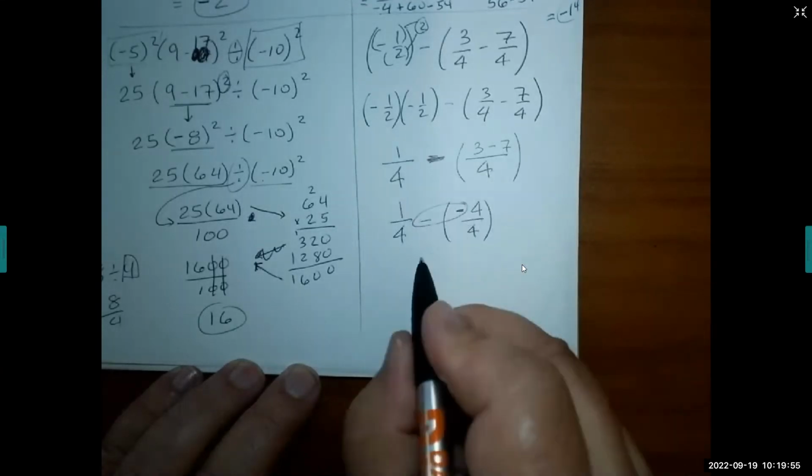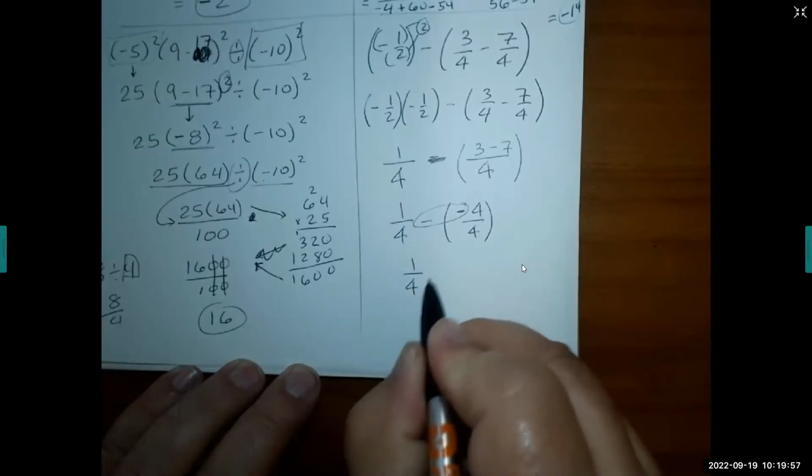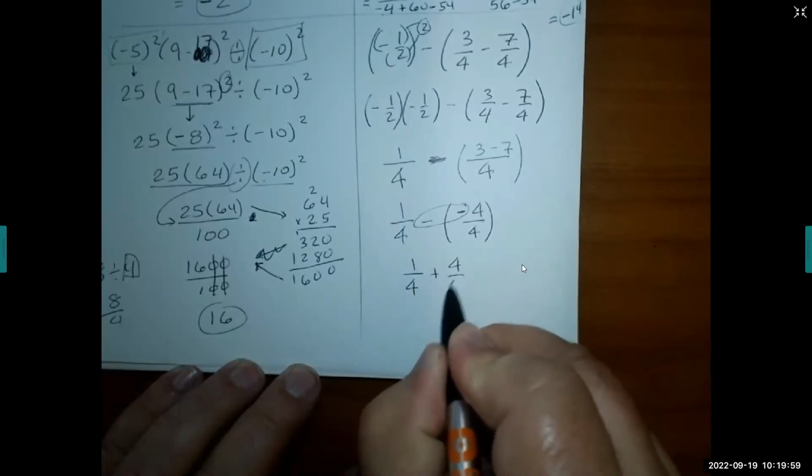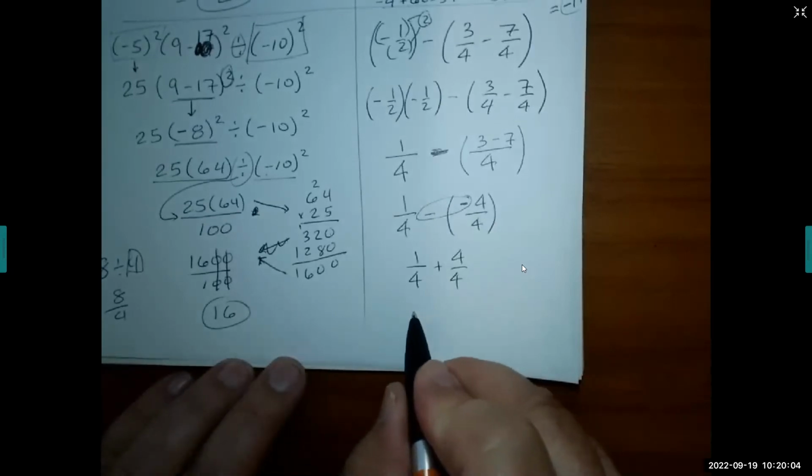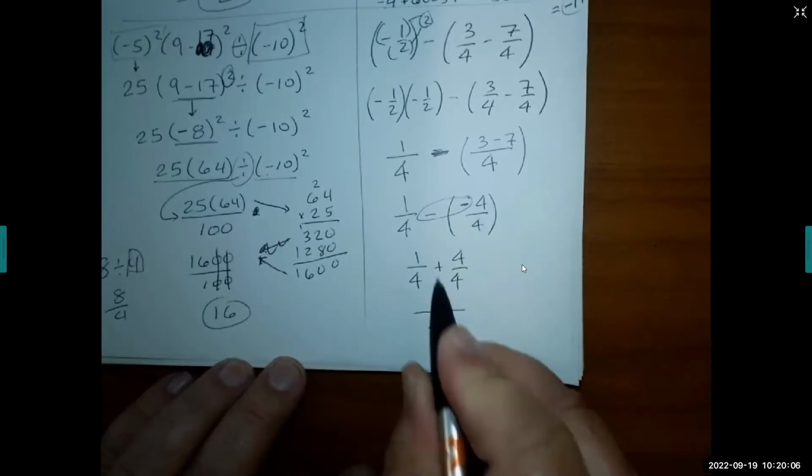Two negative signs becomes a positive. So we have 1/4 plus 4/4. You have a common denominator, so you worry about the top.